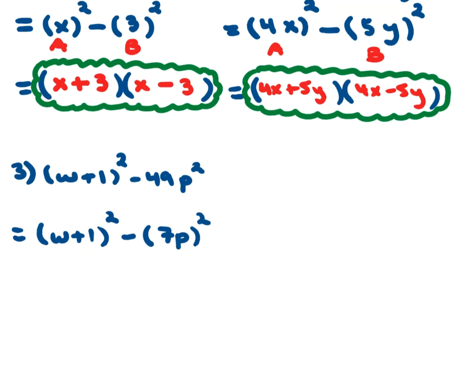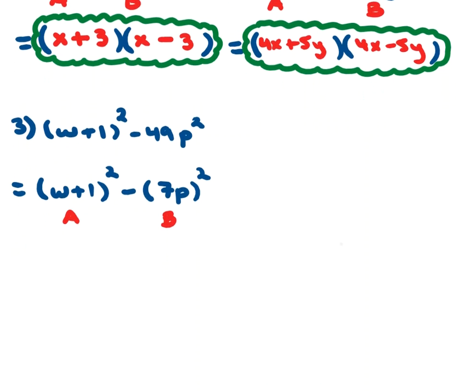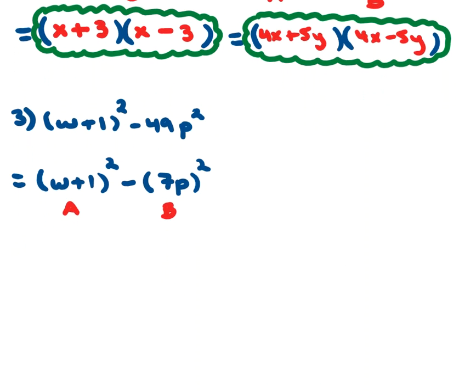Now, having it this way allows us to see clearly what the expression for a is going to be, and as mentioned, that's going to be w plus 1. And now we can see clearly what the expression for b is, and in that case, it's 7p. All right, so a little bit different than the previous two problems, but we're still in a position to factor this using the difference of two squares formula.